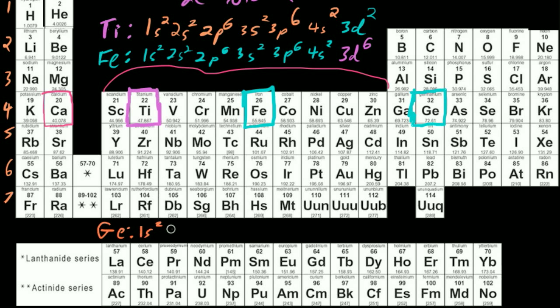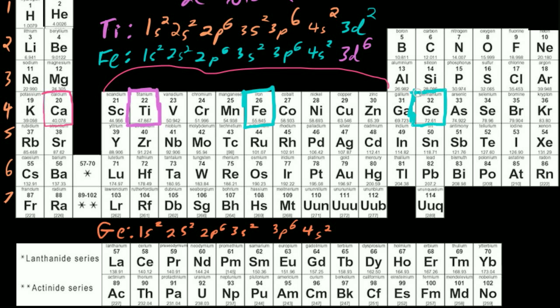So we had 1s2, 2s2, 2p6, 3s2, 3p6, 4s2. So now we've got the same configuration as calcium.